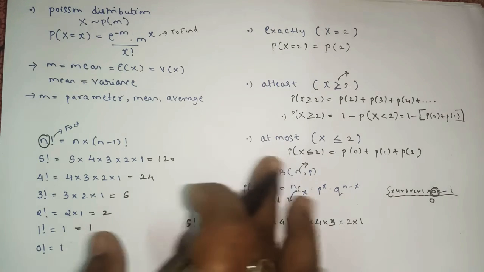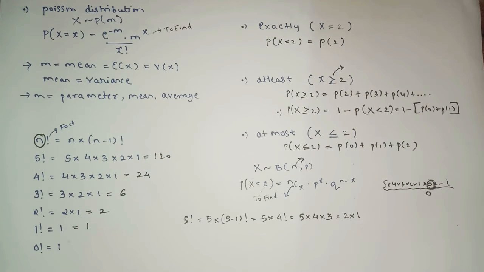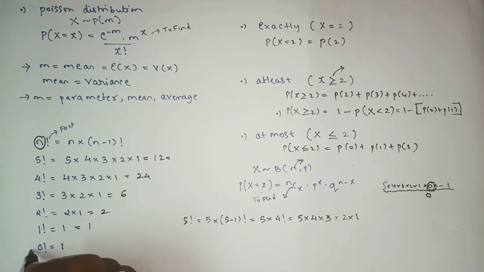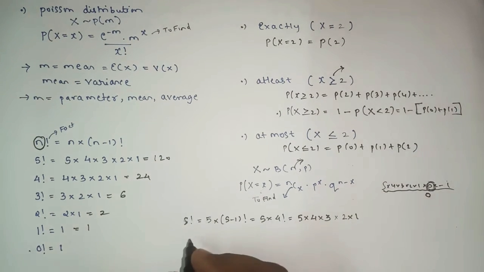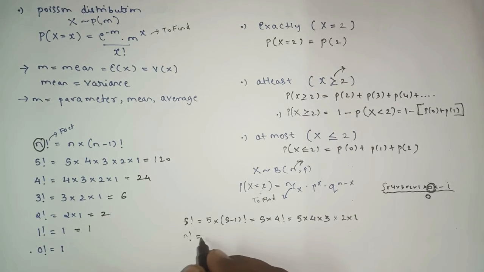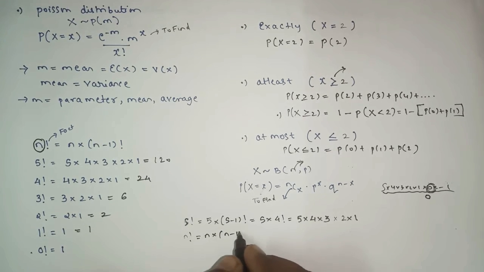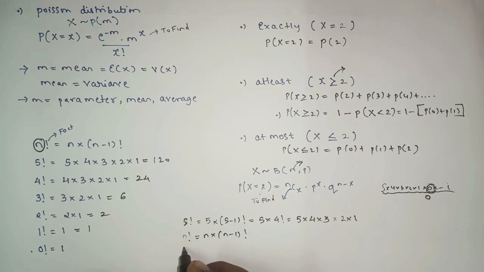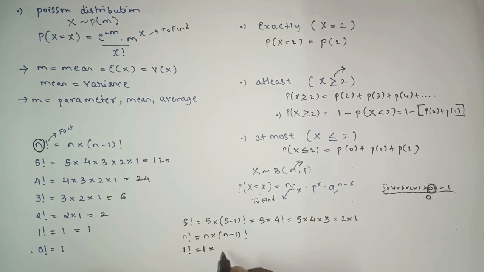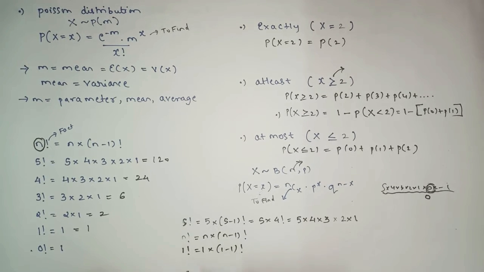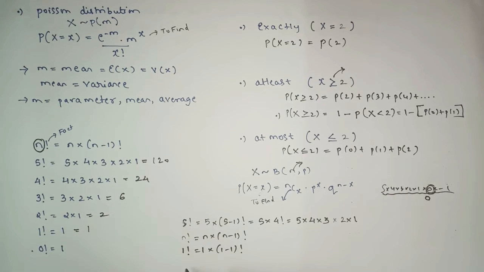And whenever you come across 0 factorial, the answer is also 1. Why? Whenever you come across 0 factorial the answer will be 1 only, and this also I had explained in the last lecture. Why so? Suppose I replace the value of n by 1. So 1 factorial we know is 1.